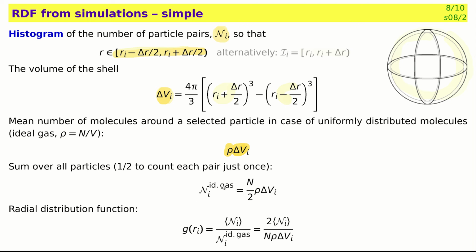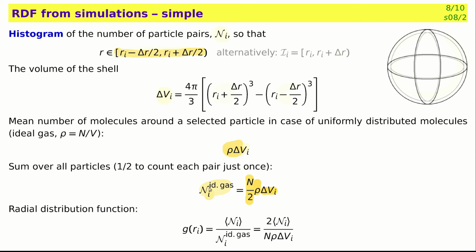So for ideal gas, by the procedure described here, taking all pairs, what I get in this bin with subscript i, corresponding to this interval, is 1/2 of this. That is N/2 times the number density times the volume.